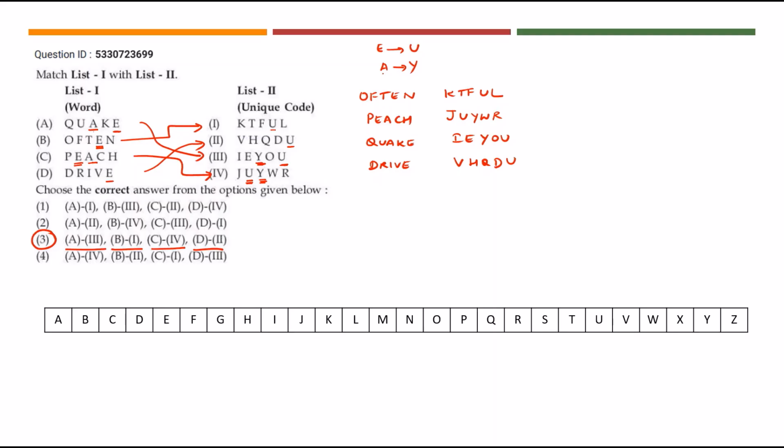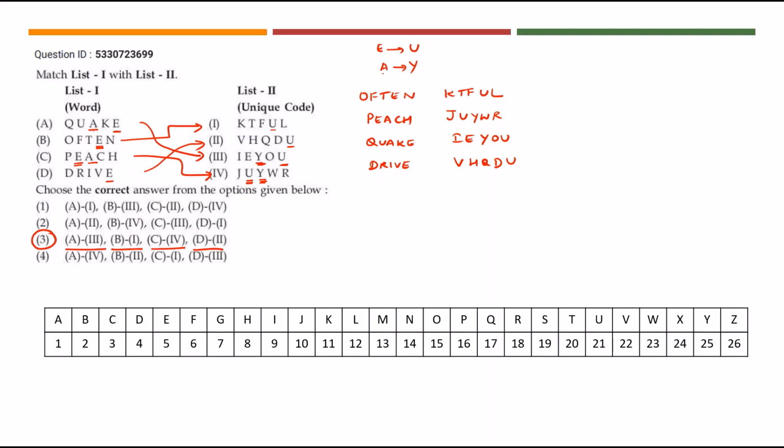Let's take A to Z. And let's take the number of the letters 1, 2, 3, 4, 5, 6, 7, 8 till 26. A is converting to Y. What is the number of A? It is 1. What is the number of Y? It is 25. What is the number of E? It is 5. What is the number of U? It is 21. 26 minus letter will give you the code. 26 minus A will be 26 minus 1, which is equal to 25.